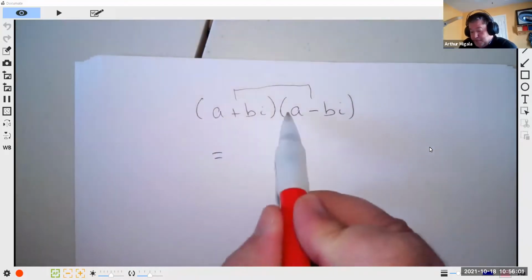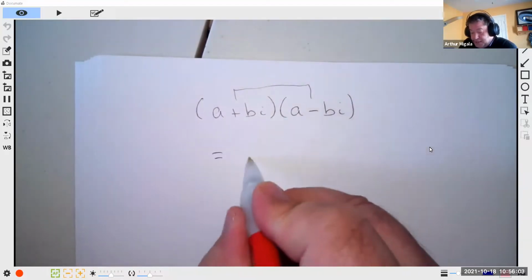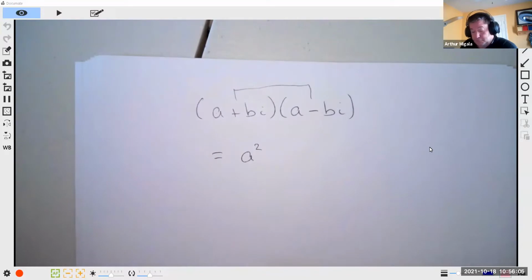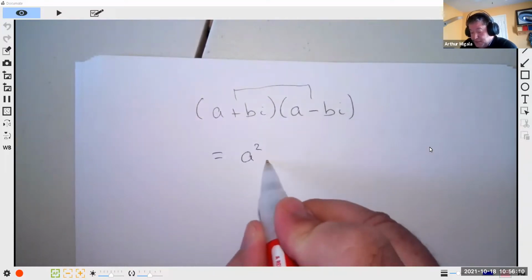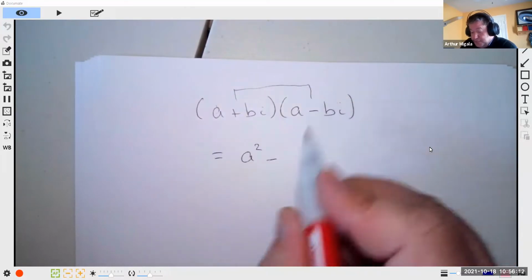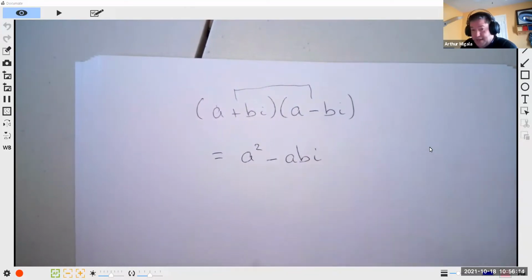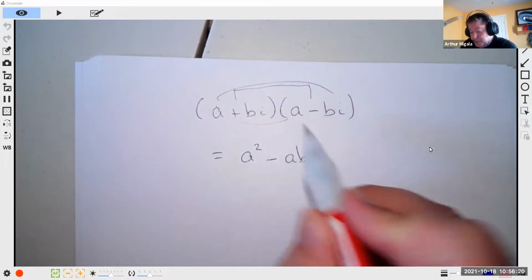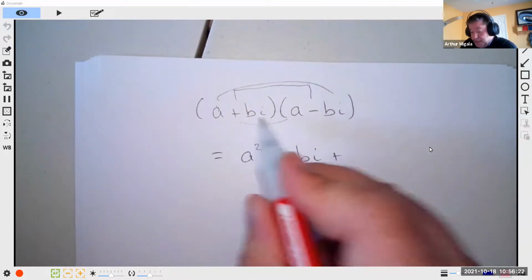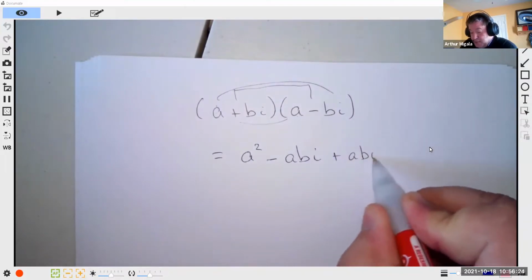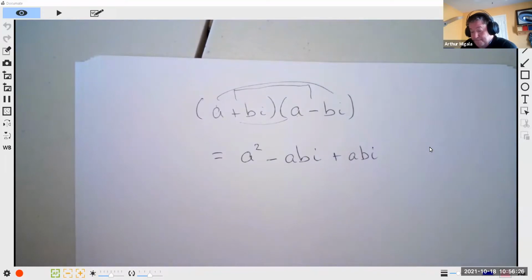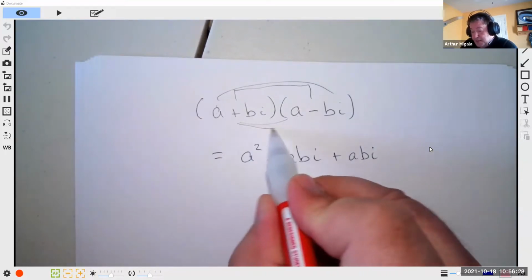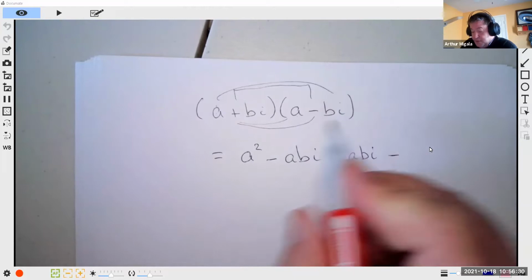So positive times positive is positive. A times A is A squared. Positive times negative is a negative. A times Bi is ABi. That's this one. Positive times positive is a positive. A times Bi is a Bi. Positive times negative is a negative.